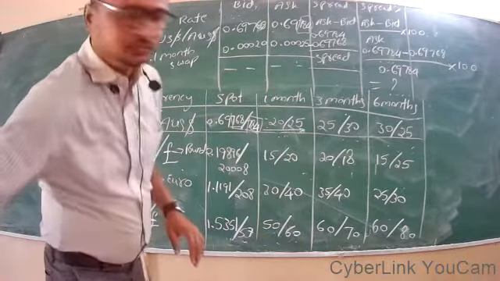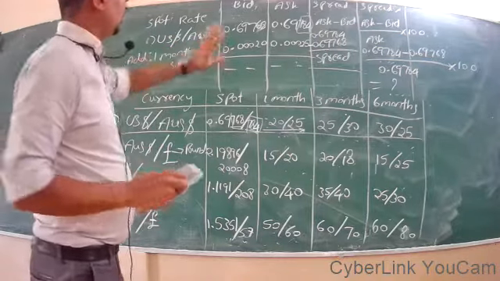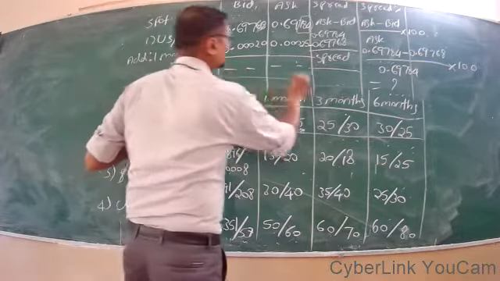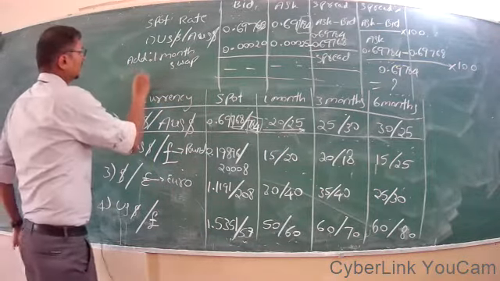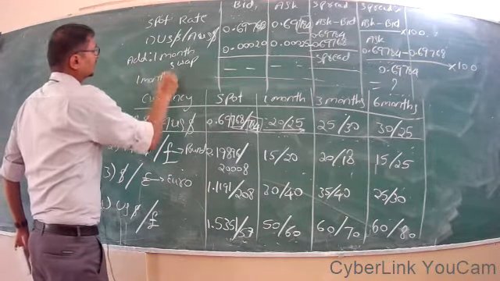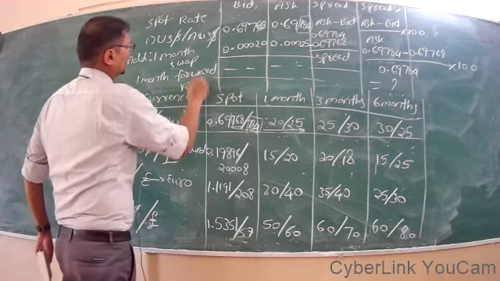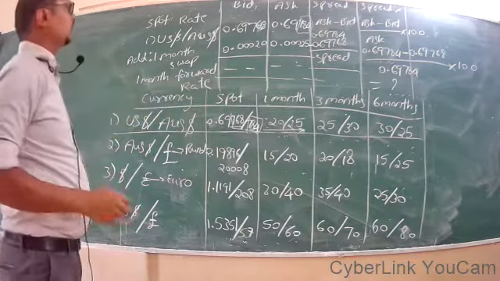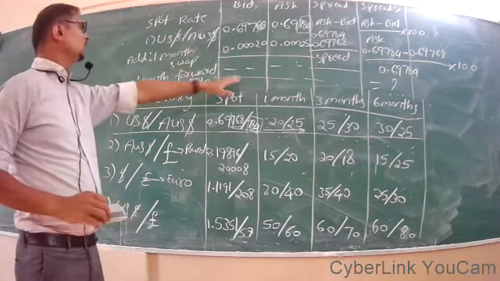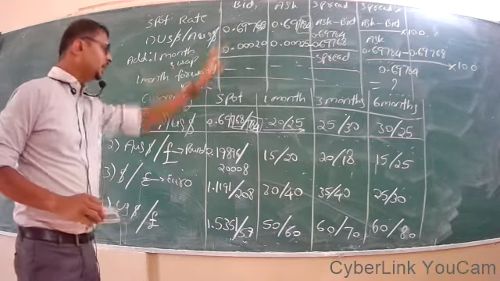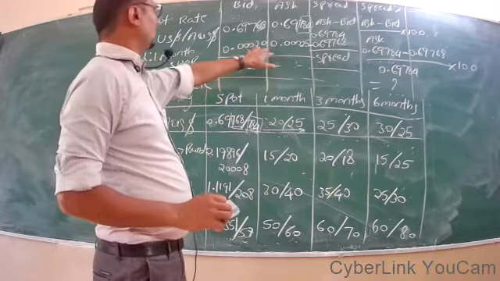Likewise, the answer you get from this is your 1 month forward rate. US dollar per Australian dollar, you are getting the 1 month forward rate after adding the 1 month swap point or forward point.